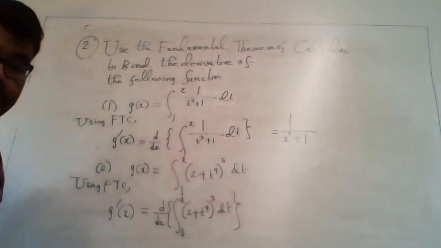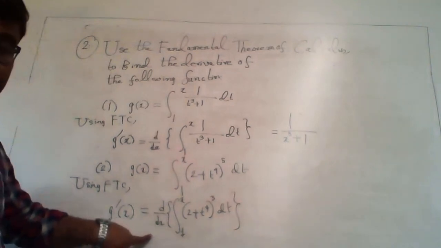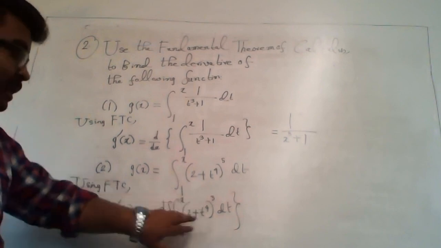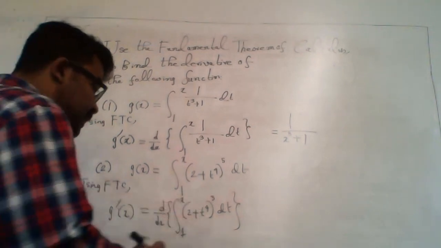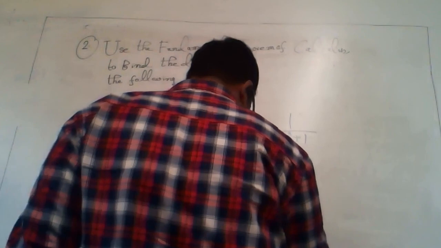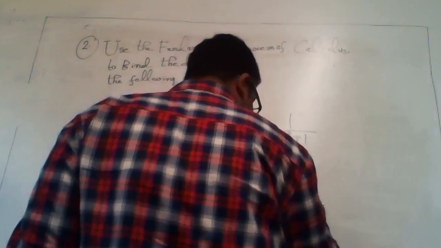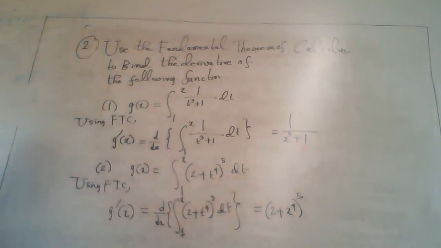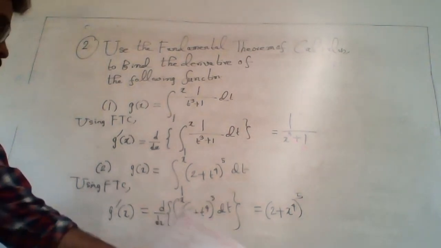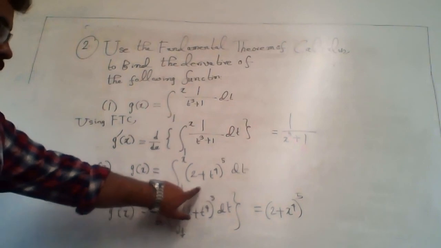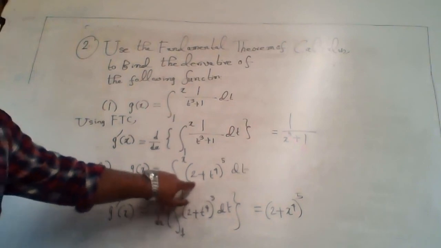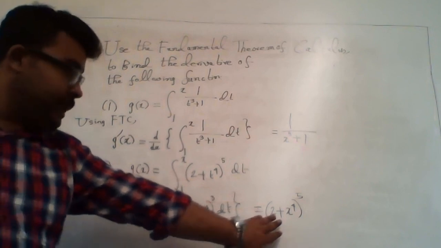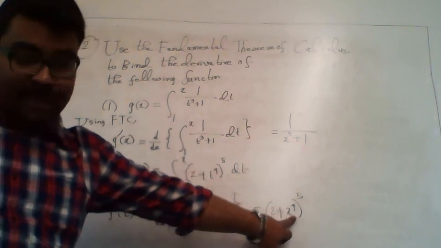I have an integral sign and a derivative sign. They will cancel each other and I'll be left with whatever I had initially. So I will have (2 plus x to the power 4) to the power 5 as my answer. It's very easy actually. Whatever was inside my integral, I have just changed the variable to x, and that's your answer.